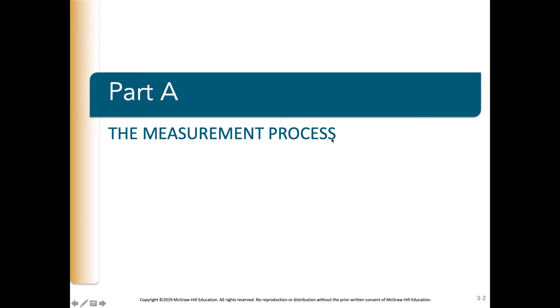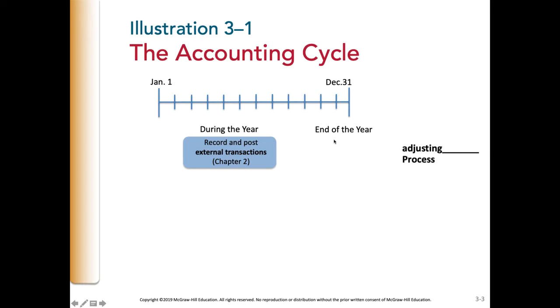So starting with part A of the measurement process, we want to introduce the idea of what the accounting cycle is. Let's say the accounting cycle right now covers a whole calendar year, starting from January 1st to December 31st, the end of the year.